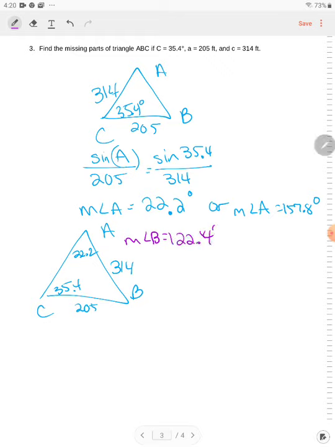Now, I'm going to tell you, class, when I do the other math on the other triangle, we can't have a second triangle. If you have an obtuse angle for any of the three angles, A, B, or C, we can only have one obtuse angle. So b divided by sine of 122.4 is equal to 314 over sine of 35.4.